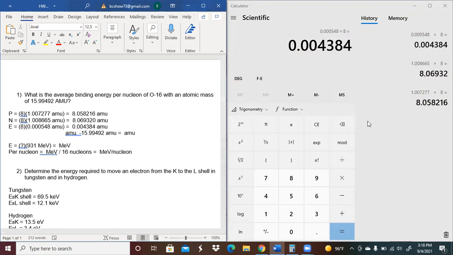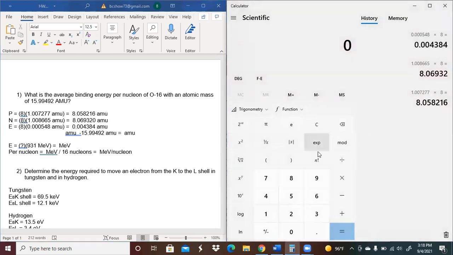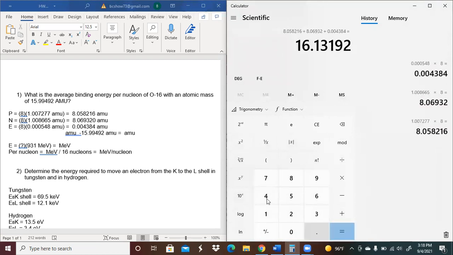Now, if we take all of those values and add them together, what do we come up with? 8.058216 plus 8.069320 plus 0.004384.